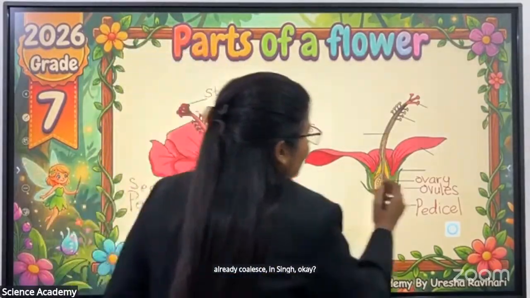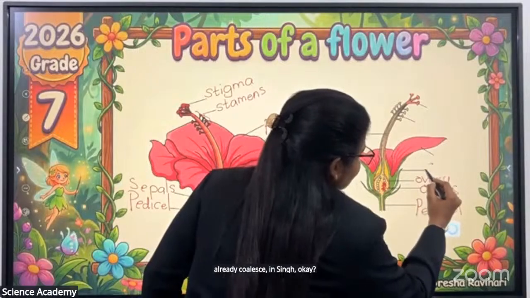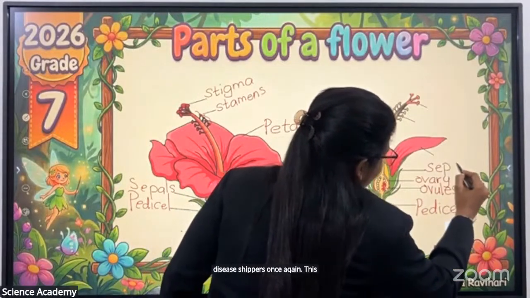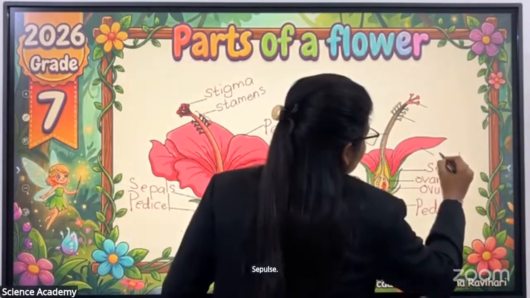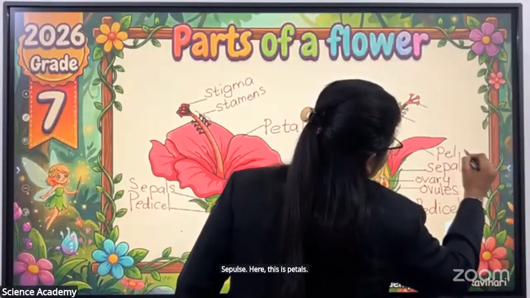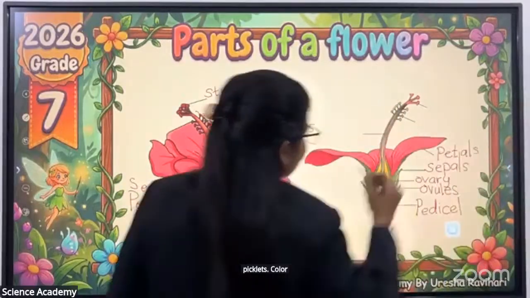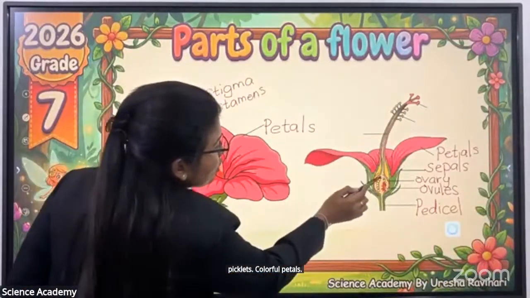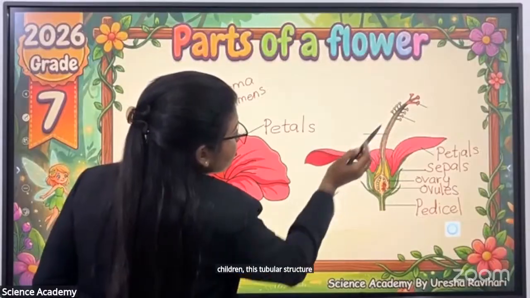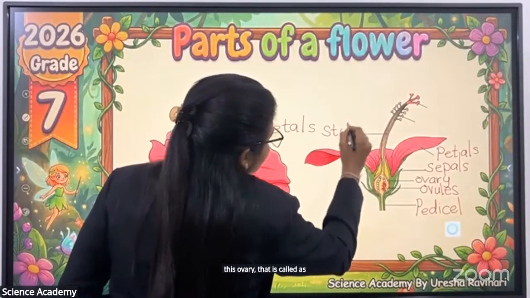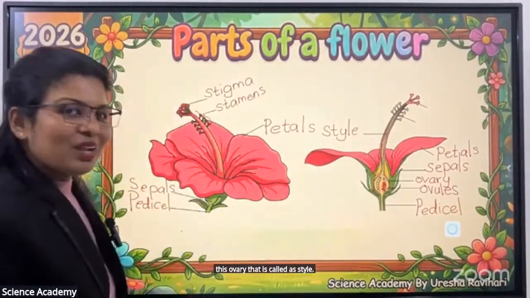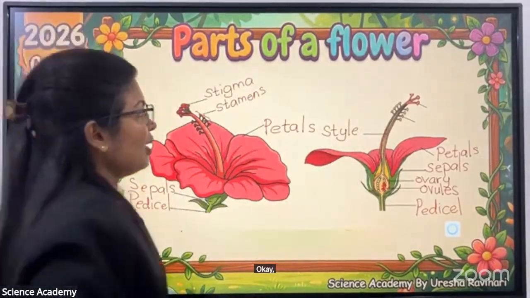Okay. Here children, these are sepals once again. This is the cross section of the flower. Sepals. Here these are petals. Colorful petals. Here children, this tubular structure which is coming from this ovary is called the style.